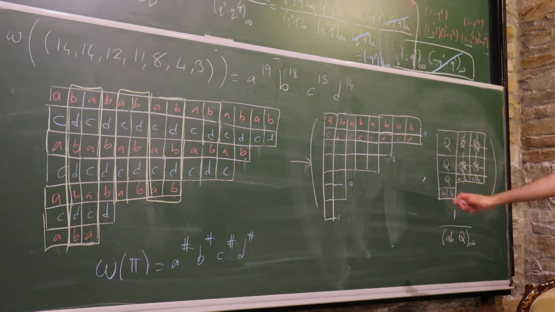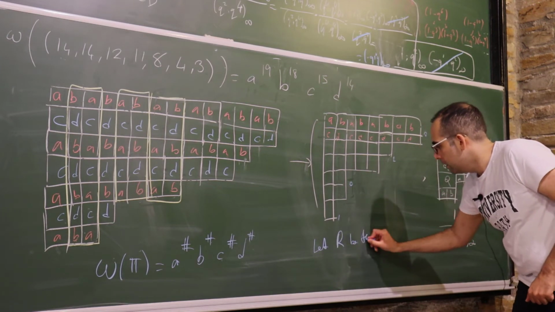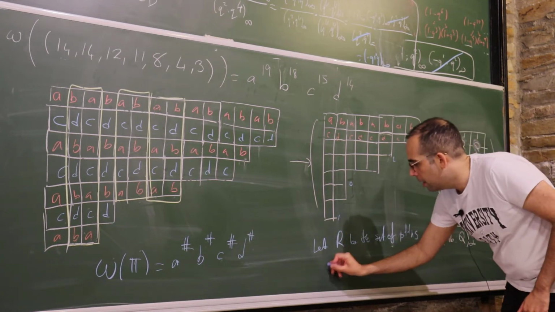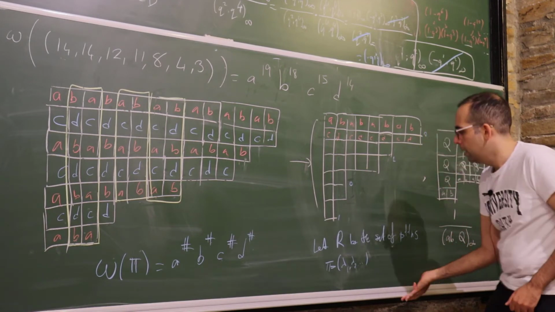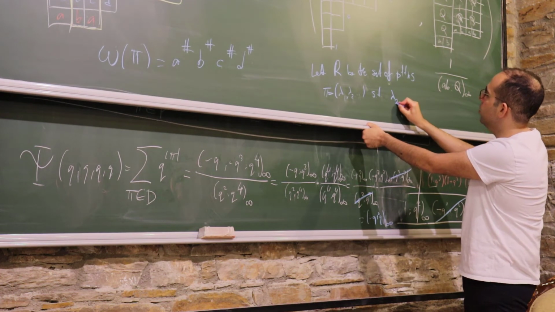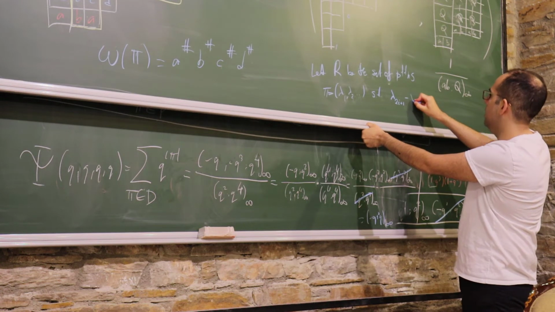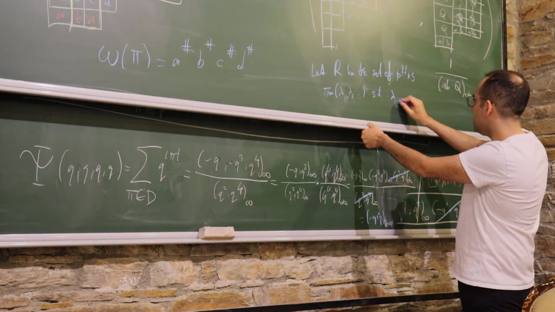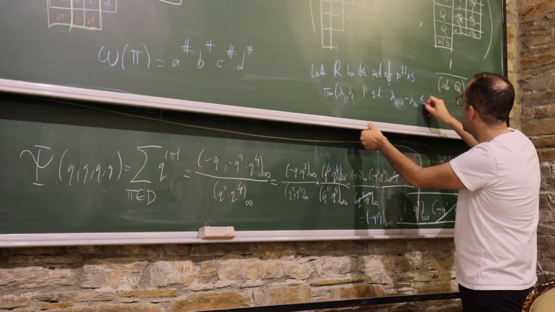And another set, let me call it R. And that is, let R be the set of partitions pi, which is lambda 1, lambda 2, and so on, such that lambda 2i minus lambda 2i plus 1 is less than or equal to 1, and lambda 1 minus lambda 2 is less than or equal to 1.